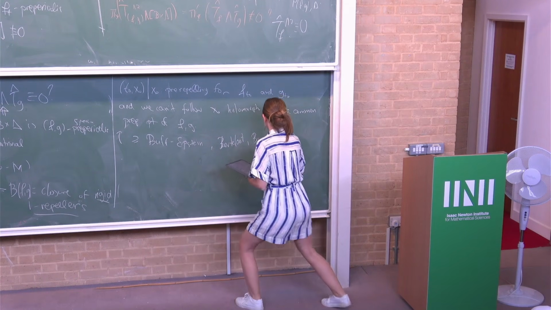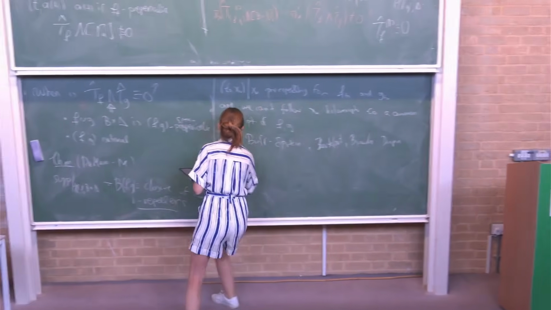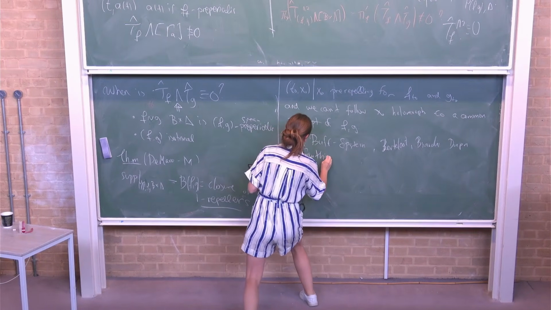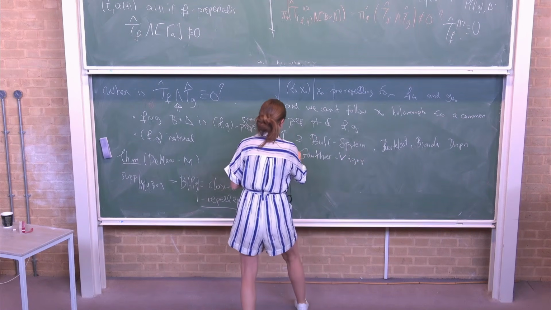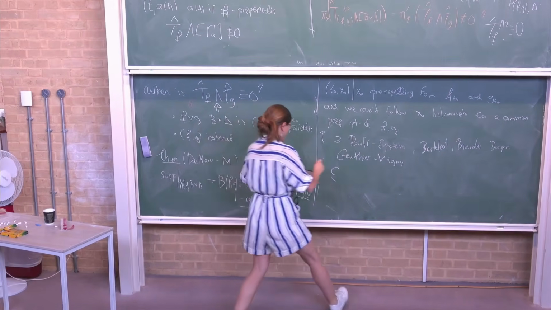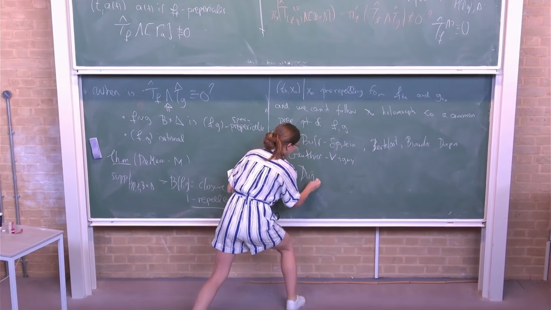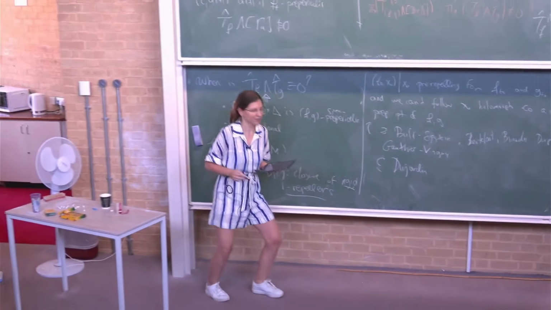Bianchi, Dupont, and Gauthier, Vigny, and Gauthier alone. Gauthier alone also helps us for the other implication, along with Dujardin, whose idea we can follow for that one.